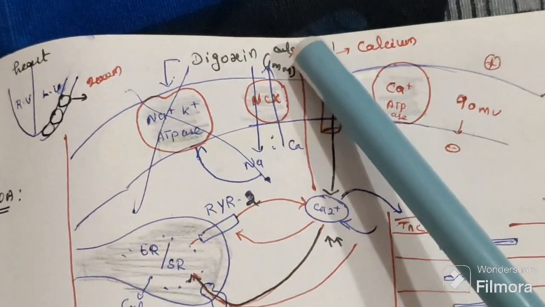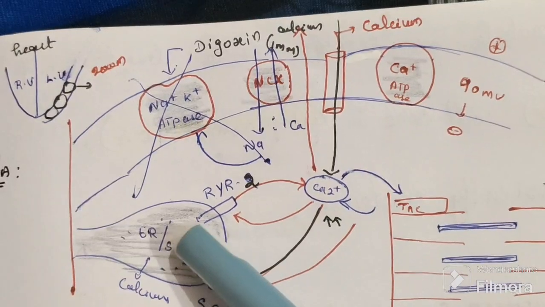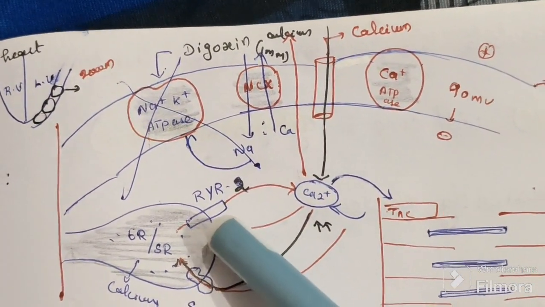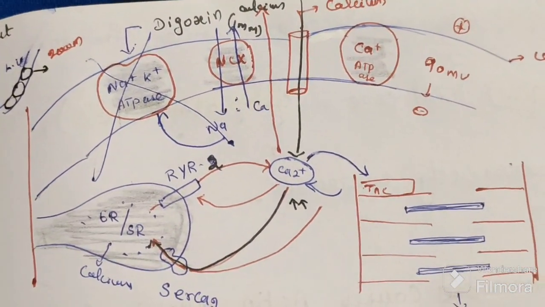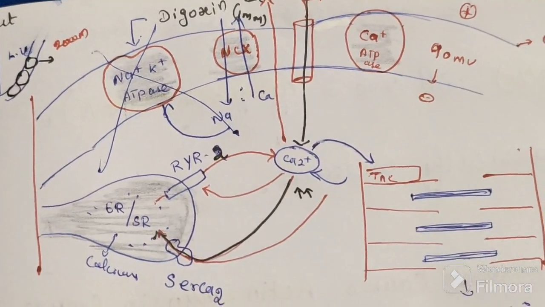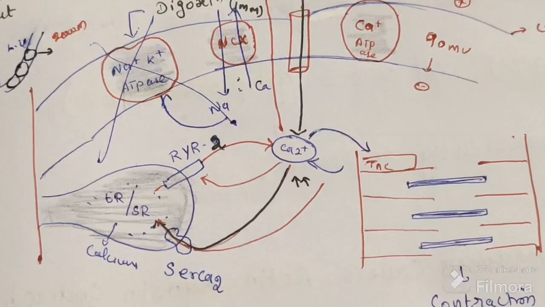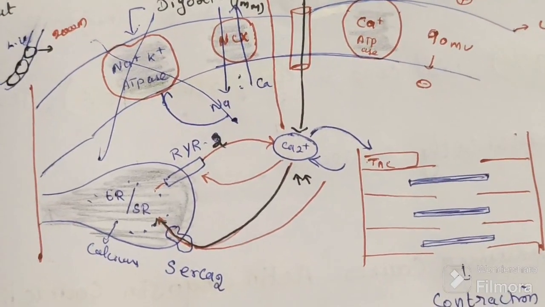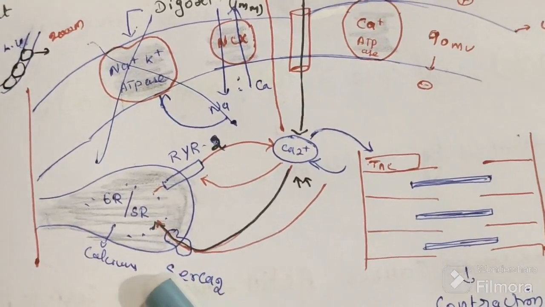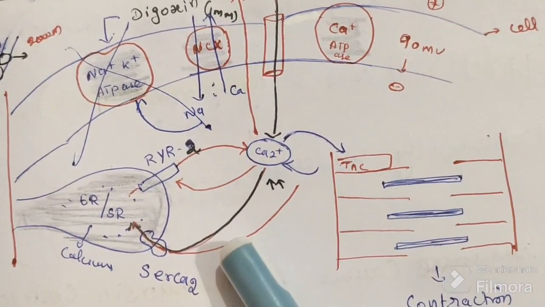So 1% of calcium comes inside, it goes to RYR2. From RYR, it triggers, the remaining 99% comes. So calcium is causing contraction, systole is done. Now it is time for diastole. Whatever is given by RYR is taken back by SERCA2. Now 1% is left. Okay, 99% reached here, 1% is left.